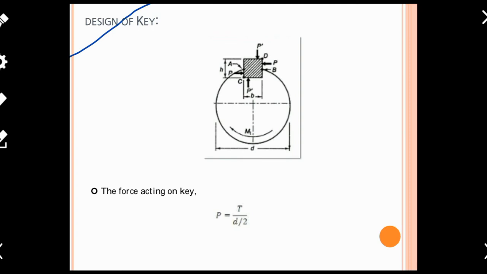As I said earlier, the force is P, and from that force P to the geometrical axis of the shaft there is a perpendicular distance, which is d by 2. So the equation for torque will be T = P × d/2. Now from that equation you can easily write it in terms of external force P. So external force P will become T upon d by 2, that is P = T/(d/2).